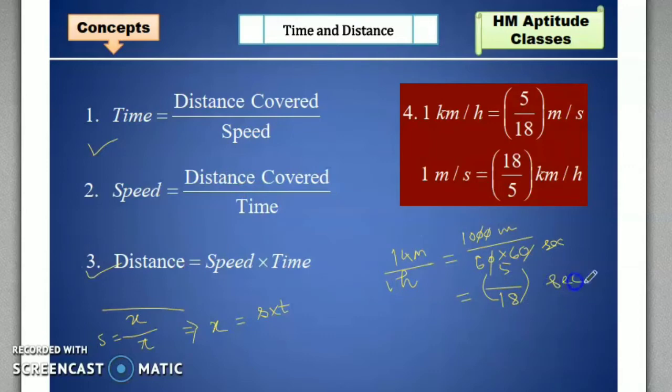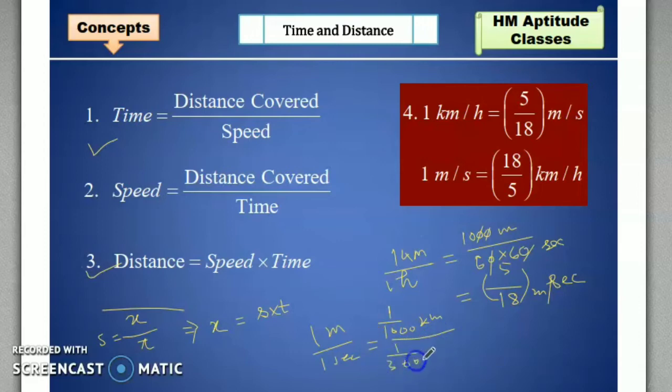When in the question it is given in kilometer per hour and you need the calculation in meter per second, then you multiply by 5 by 18. In this way we can also convert 1 meter per second back into kilometer per hour. For that we express 1 meter in kilometer and 1 second in hour. For 1 meter we can write 1 by 1000 kilometer.